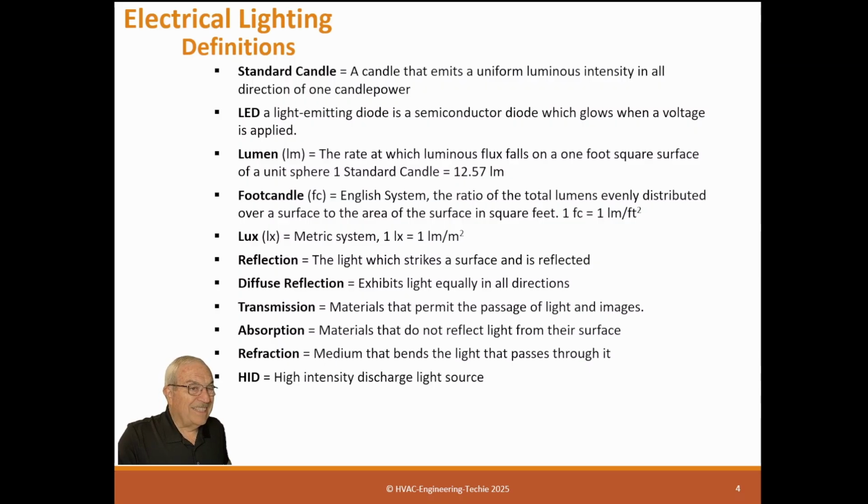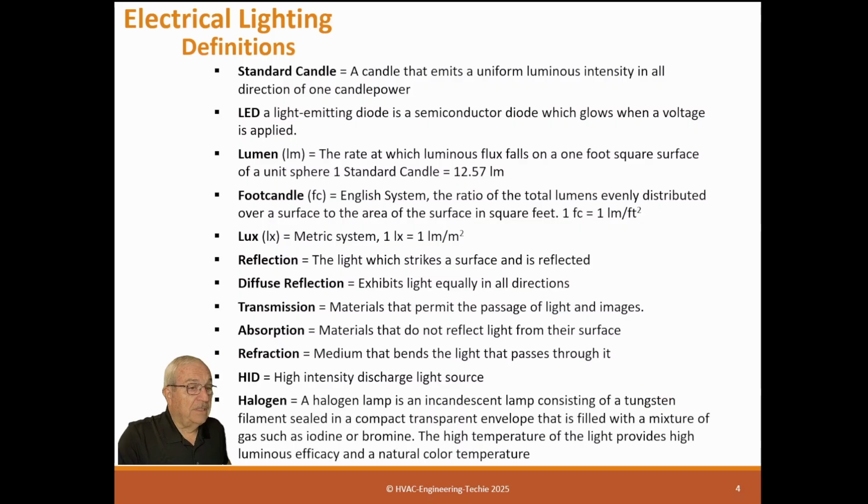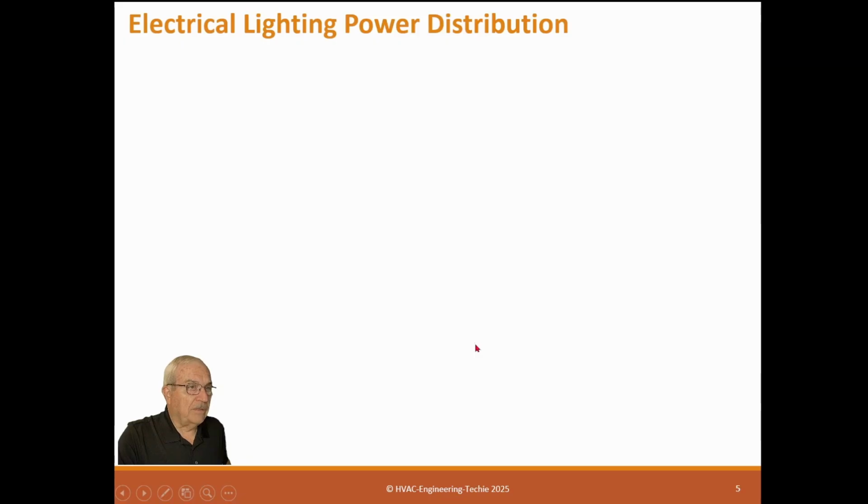HID is a high-intensity discharge light source. Halogen, the halogen lamp is an incandescent lamp consisting of a tungsten filament sealed in a compact transparent envelope that is filled with a mixture of gas, such as iodine or bromine. The high temperature of the light provides high luminous efficacy and a natural color temperature. So we'll go over all this when we get into what type of lamps are out there.